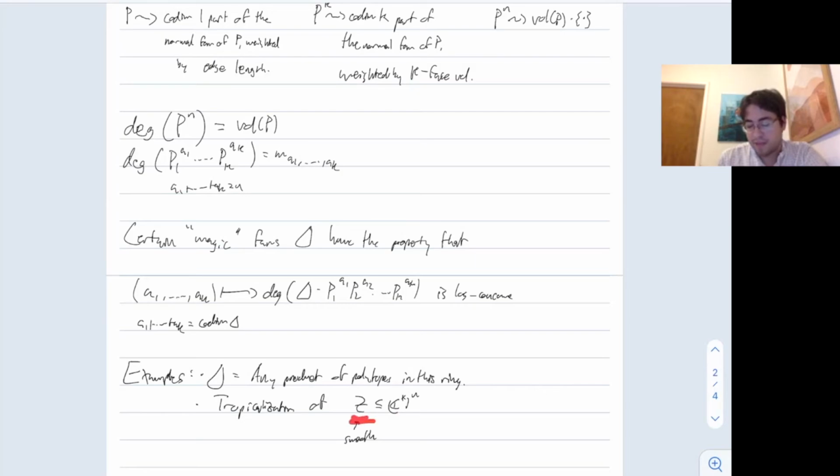So some algebraic varieties are subsets of that, and there's a process called tropicalization, which I won't get into. But this tropicalization is a fan which is magic. And this is called tropical Hodge theory.